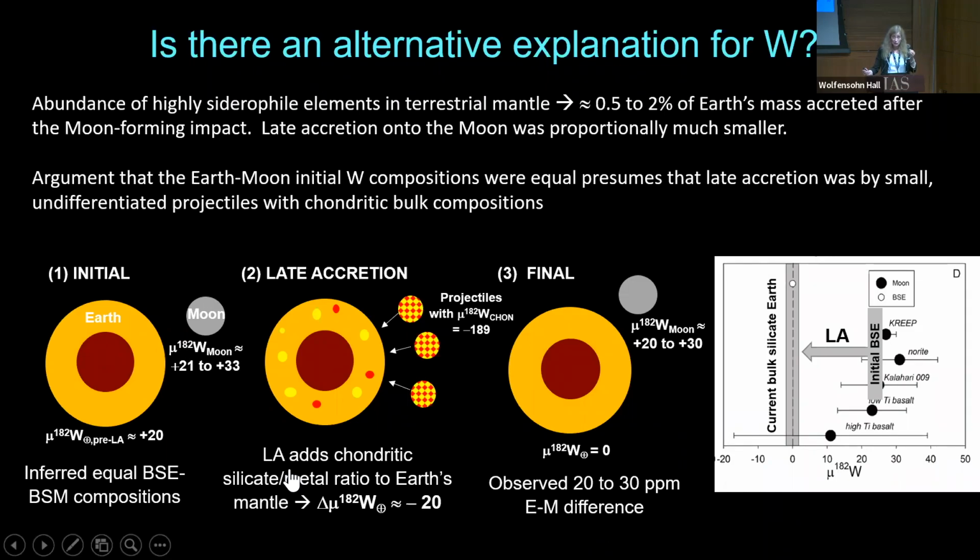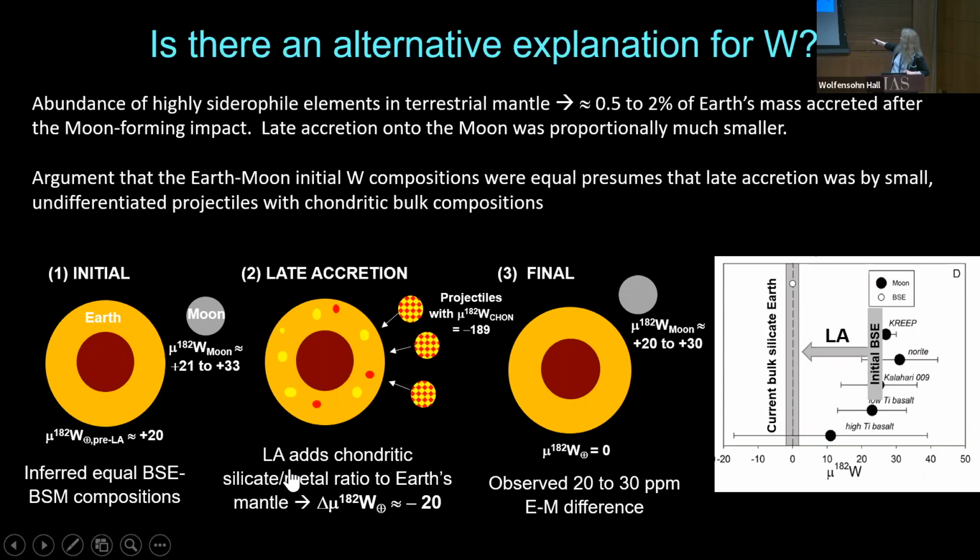And if you assume that this material was delivered by small, undifferentiated material that had bulk chondritic or bulk solar system composition, then as that material was added to the Earth, it would have caused Earth's mu182 tungsten value to become more negative, so that the observed 20 to 30 would correspond to an initial condition where the Earth and the Moon were equal.